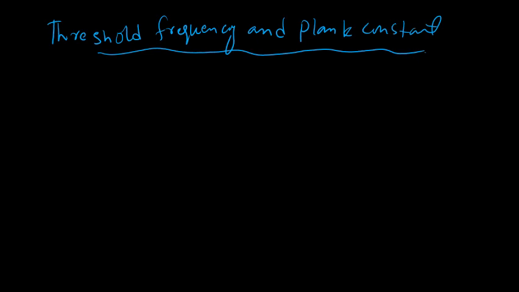The result of the experiment on the variation of stopping potential with the frequency of incident radiation shows us that the maximum kinetic energy of an emitted electron equals eV naught equals 1 by 2 m v square maximum.